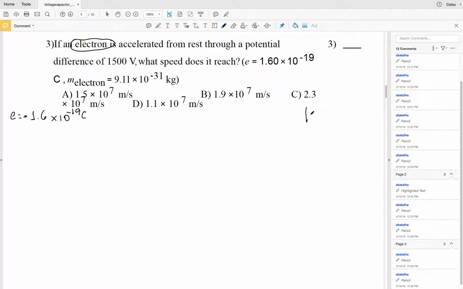When we learn circuits, this is the definition of a battery or a power supply, positive and negative end. You saw that in the lab, and you have some appliance here, some light bulb or something. So once you close the circuit, like is given in this symbol, electrons will rush from the negative end.